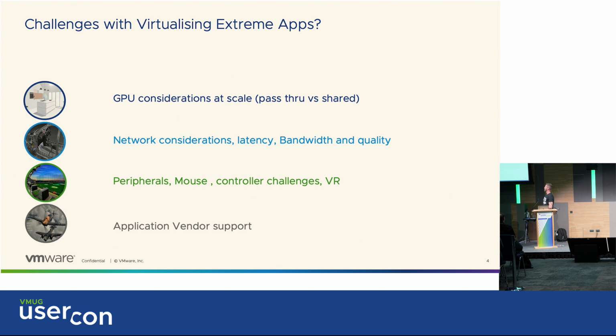What's really cool here is, for instance, that CATIA will require a really high clock speed, but depending on the frame buffer and the GPU power that you need, you might end up with a 2 gig profile. Whereas the Autodesk suite or AutoCAD will require something completely different. So when it comes to GPU considerations, running a proof of concept, running an assessment, knowing what applications you might look for is really, really important.